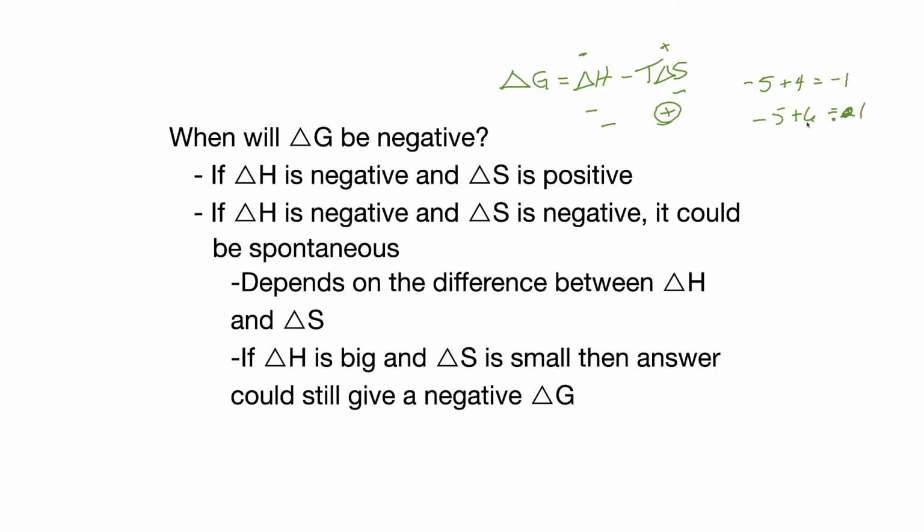So now you can see that this is kind of iffy. It comes down to this right here, the temperature. Is the temperature high enough or low enough to make this stay negative so Gibbs free energy can be negative? So that's kind of questionable. But this one is always, if enthalpy is negative and entropy is positive, that will always give you a negative Gibbs free energy.